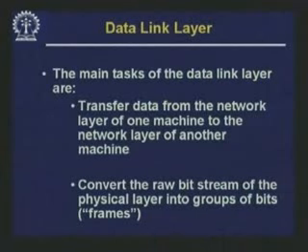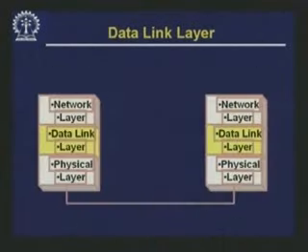So, below the network layer we have the data link layer. So, the data link layer gives some service to the network layer, and this service is the transfer of data from one network layer to another network layer. So, that is the service it gives to the network layer, and this in its turn uses the physical layer. So, it converts raw bit stream of the physical layer into groups of bits, or frames. So, this is how we can look at it.